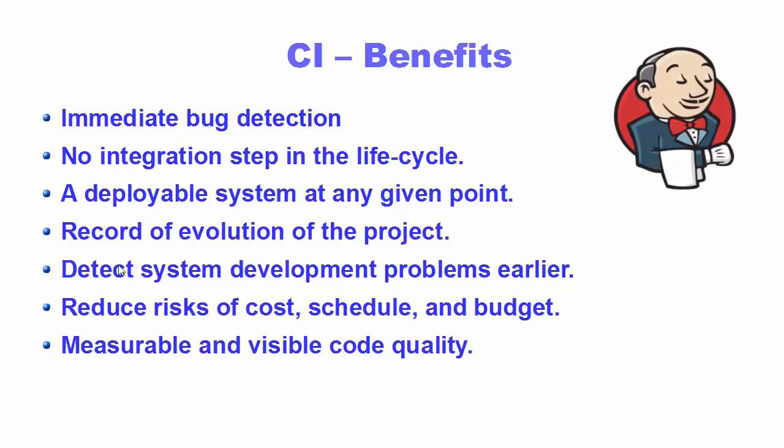The next benefit of a CI system is that it detects system development problems at a very early stage. Because you can run Jenkins repeatedly, for example, when a developer checks in code using Git or Subversion or any versioning system, it is going to run every job which you have made.